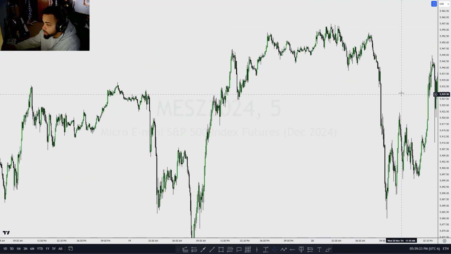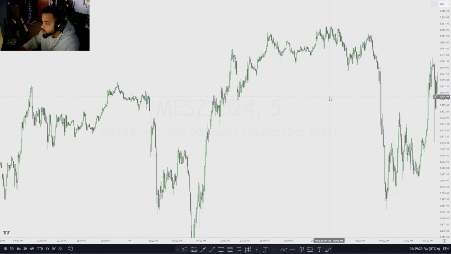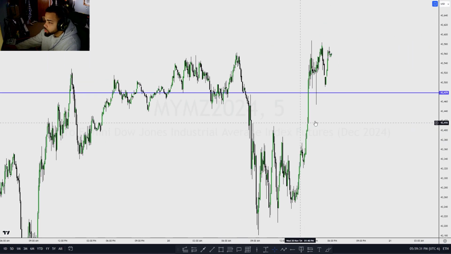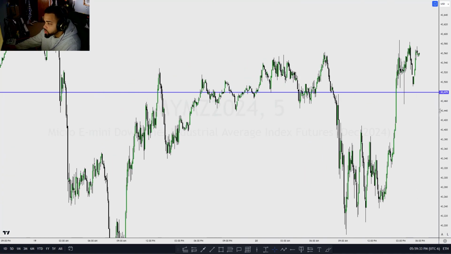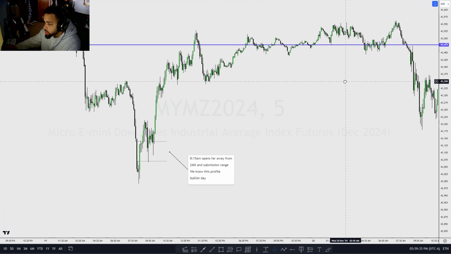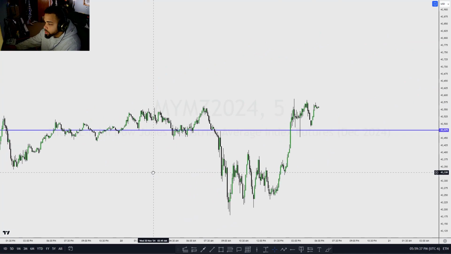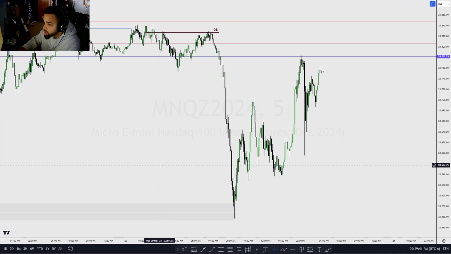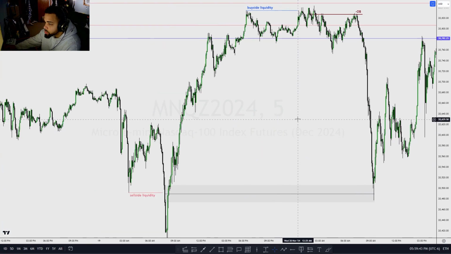It made a lot of sense. I also wanted to trade Dow, and I would possibly have traded S&P also, but besides the point, I couldn't trade it. So I chose NQ because that's where the setup was clear to me.